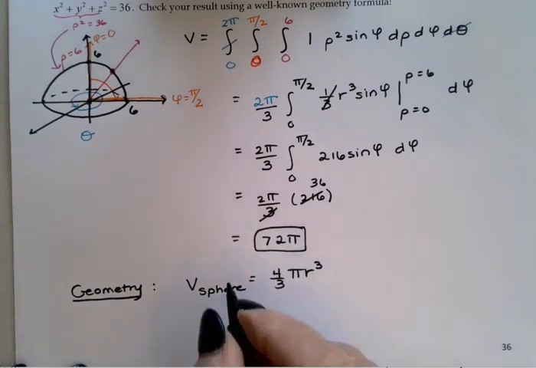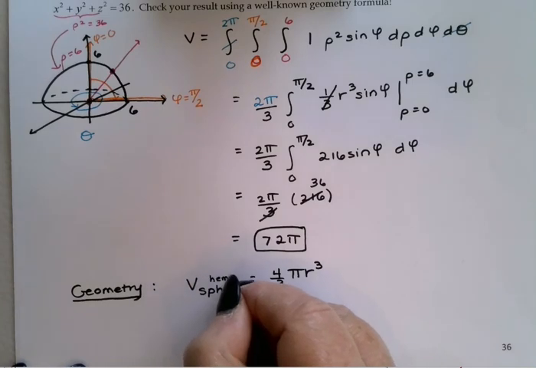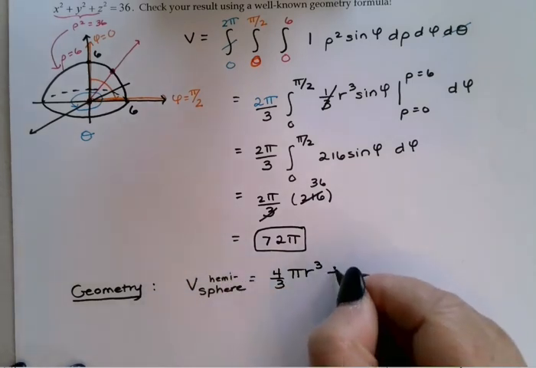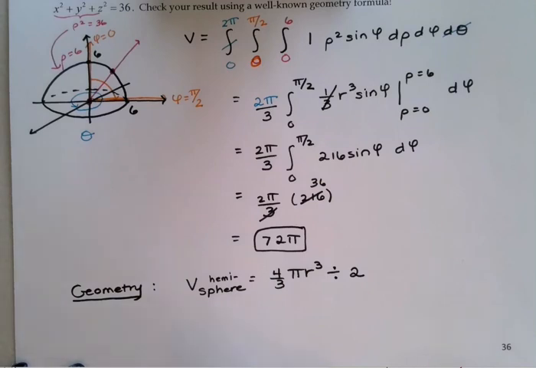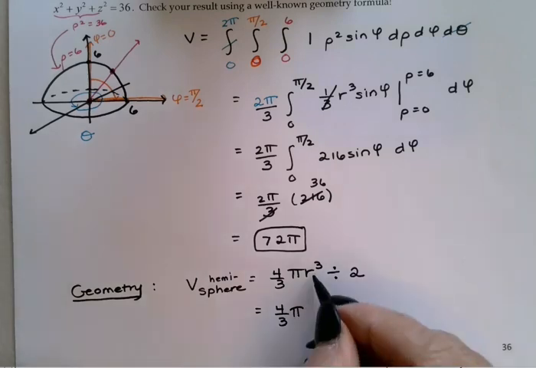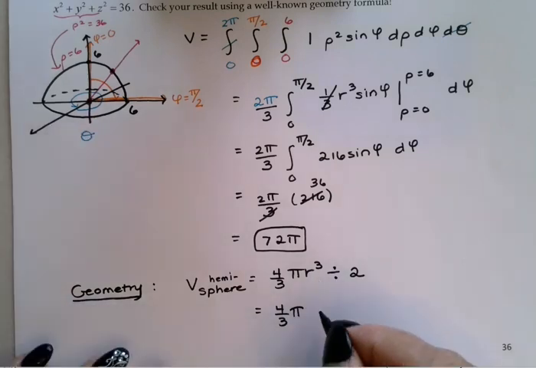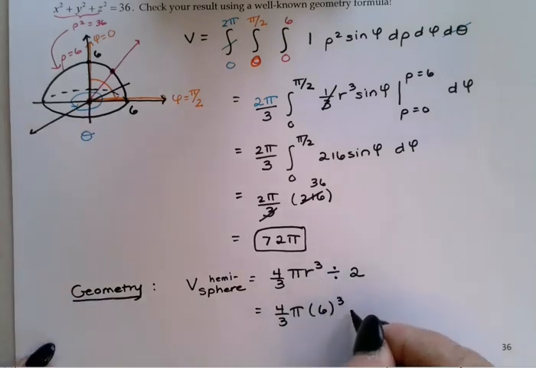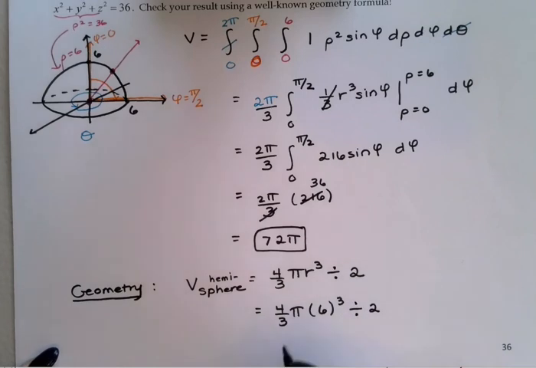And so since I want a hemisphere, I'm going to divide that by 2. Let's see. Radius in this case, the radius of my hemisphere is 6. So I end up with 4/3 pi times 216, and I'm going to change that divided by 2 to a times 1/2.